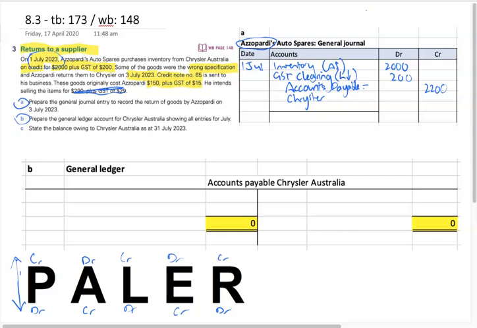We have a credit to accounts payable Chrysler. Remembering, what does a credit actually mean in our general ledger? All it means is the right-hand side. Credit equals right, debit equals left. So we have to record on the 1st of July, $2,200 on the right-hand side of our accounts payable Chrysler ledger, which we're doing.